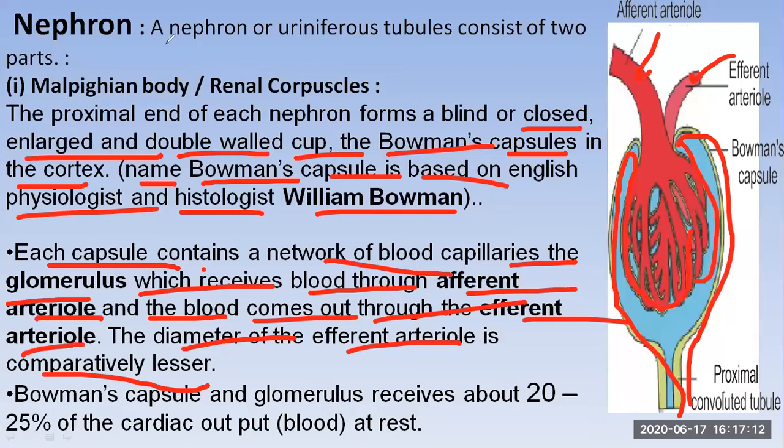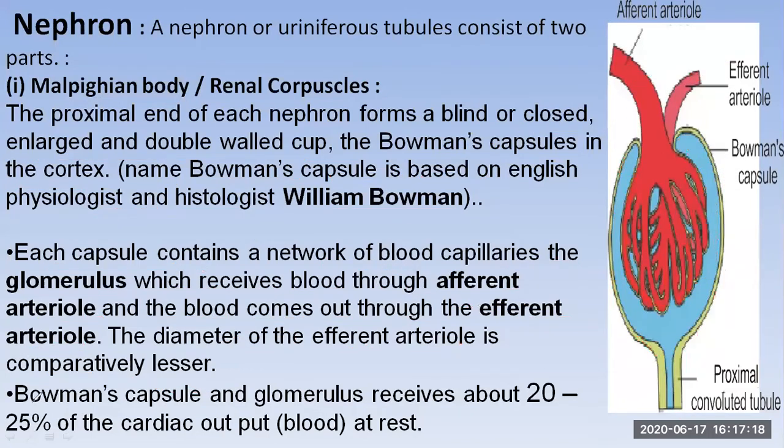The Bowman capsule and glomerulus receive about 20 to 25% of the cardiac output at rest. Cardiac output means the blood released from the heart.